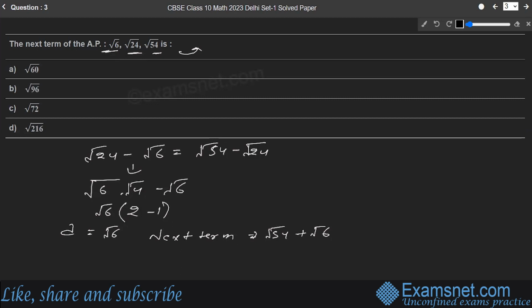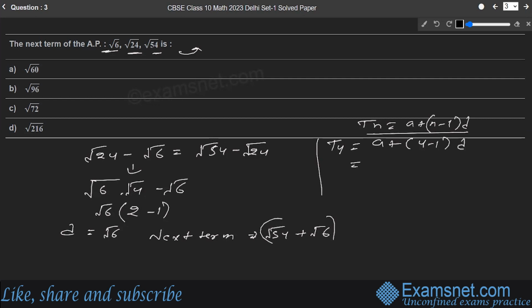Or we can calculate this using the fourth term also, because then this is coming in a different orientation. We want to find out T4, using Tn as a plus n minus 1 d. As you know, the nth term formula of an AP is a plus n minus 1 d. So T4 is nothing but a plus 4 minus 1 d.